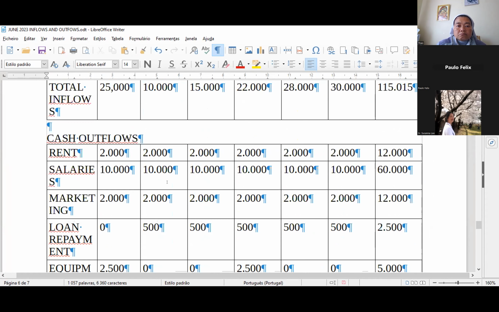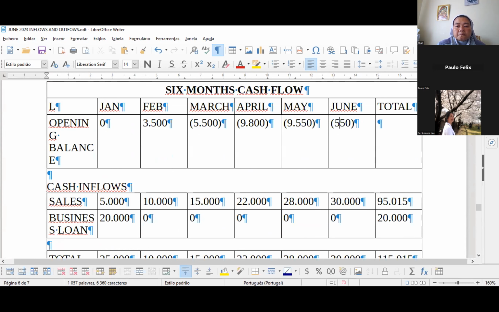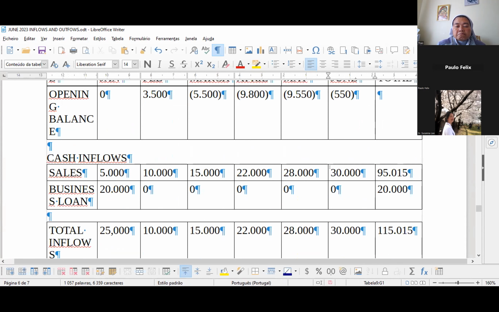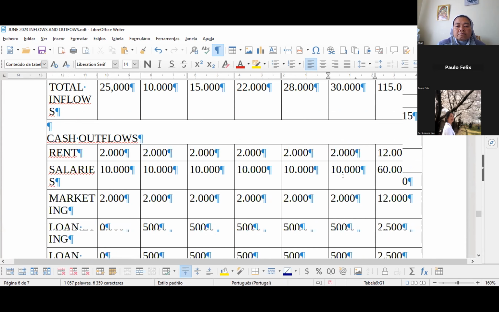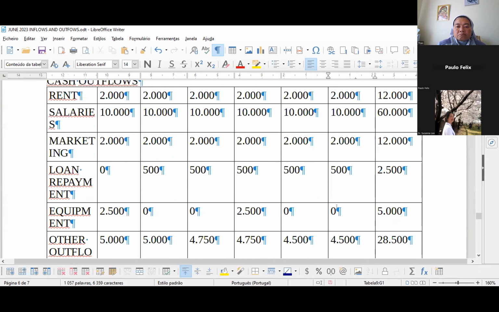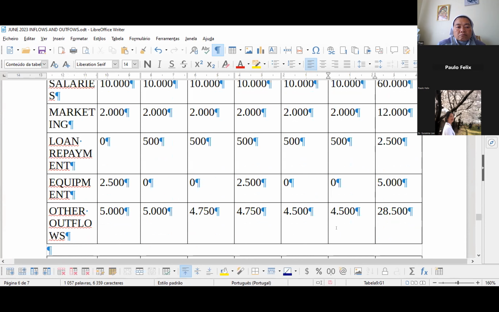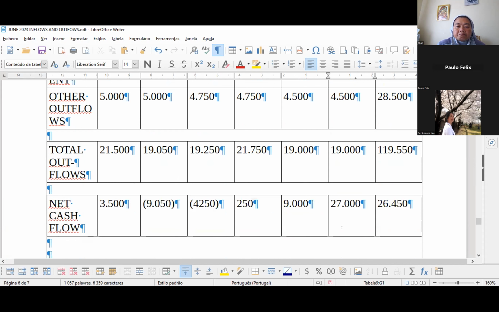It's cutting a bit. So in June, let me see. You began June with a negative balance of 550 rands, but you had an income of sales of 30,000, total inflow of 30,000. But you had a rent of 2,000, salaries 10,000 as expense, 2,000 for marketing, 500 again for loan repayment, and 4,500 other outflow, and total outflows of 19,000.